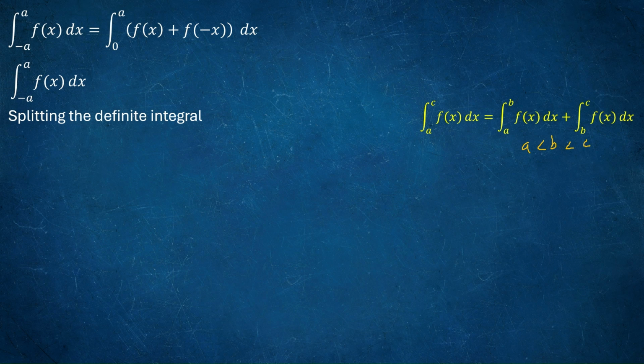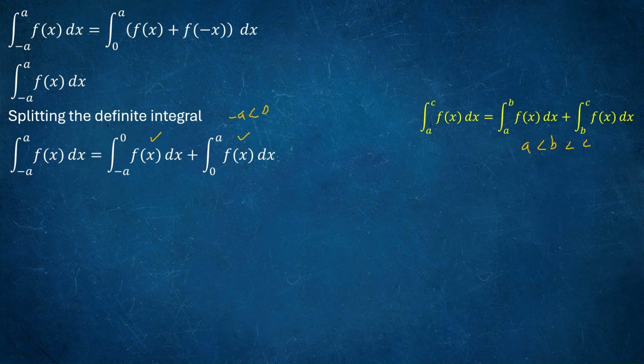Using this property, we can write the integral on left hand side minus a to a f of x dx is equal to integral from minus a to 0 f of x dx plus integral from 0 to a f of x dx. Here 0 is between minus a and a. Let's call this expression as expression a.